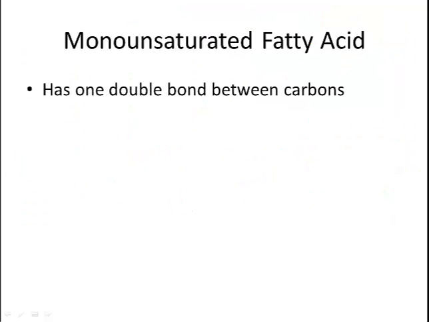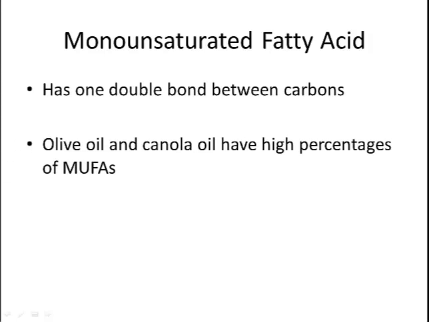Monounsaturated fatty acids have one double bond between the carbon atoms. Olive oil and canola oil are good examples of MUFAs, monounsaturated fatty acids. And I'm going to draw one of those for you in just a second.